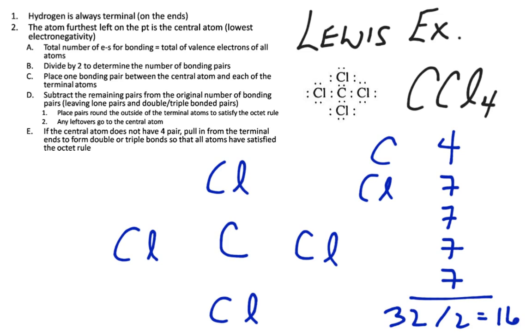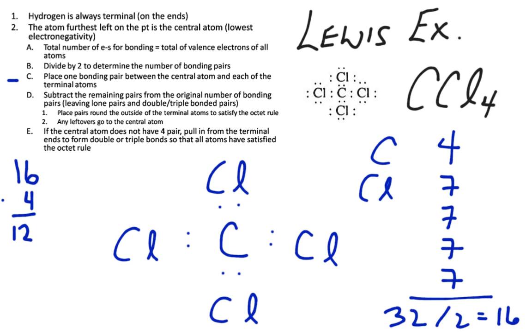The next part that we need to look at is placing one bonding pair between the central atom and each of the terminal atoms to establish an initial bond between them. If we take our 16 and subtract the number that we used, we are now down to 12 pairs.